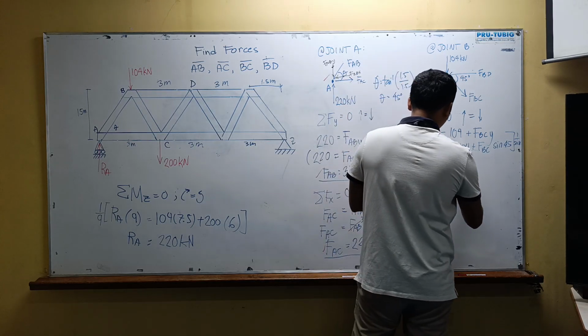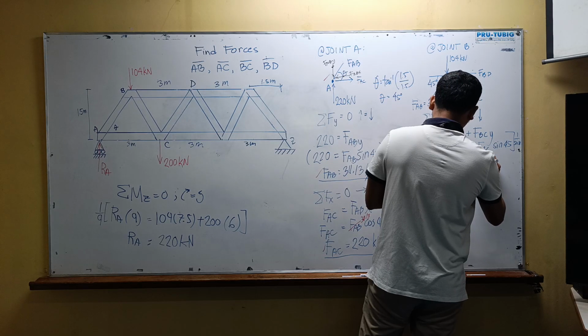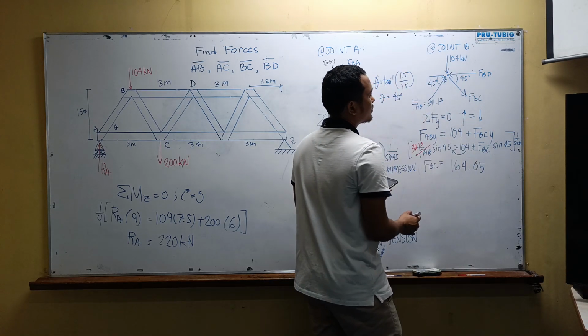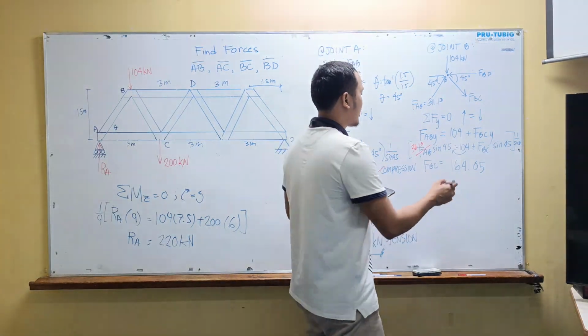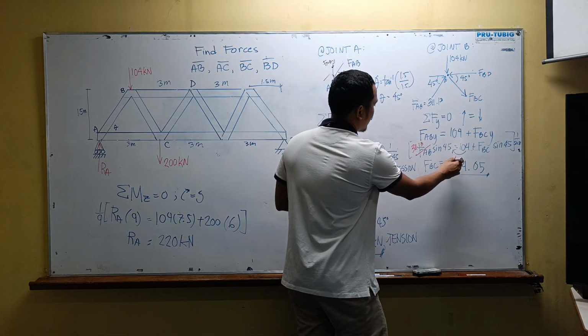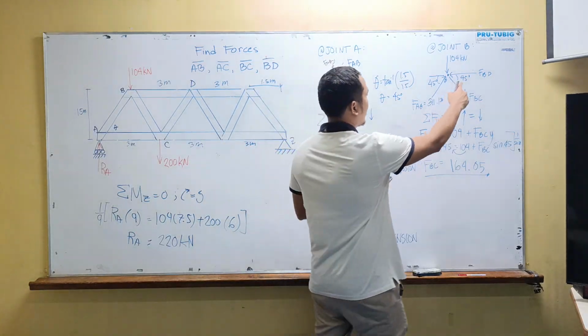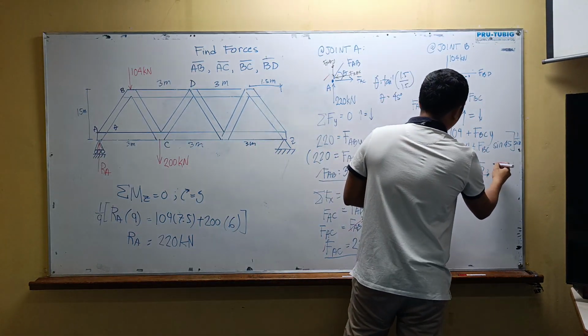So you'll get 164.05. Okay, so that's your FBC. Is that positive? Since it's positive, that means we made the correct assumption. FBC is tension.